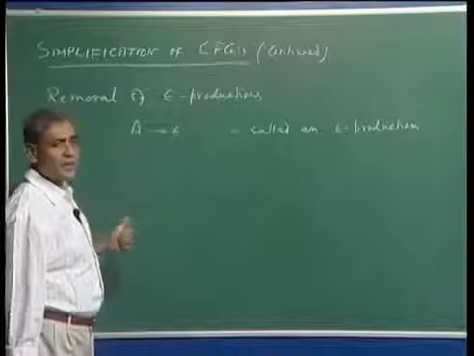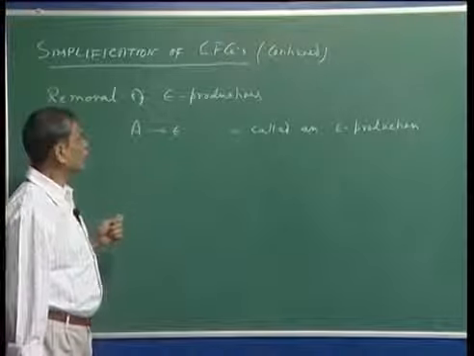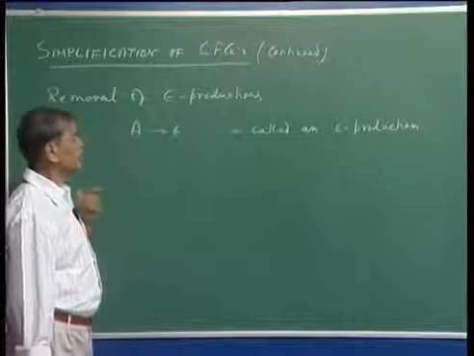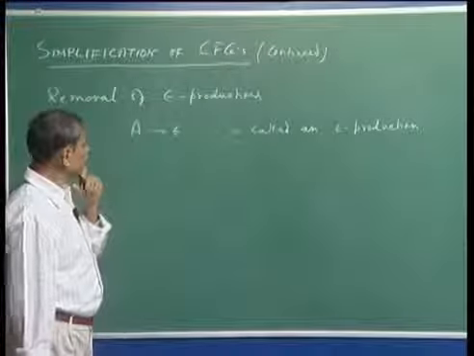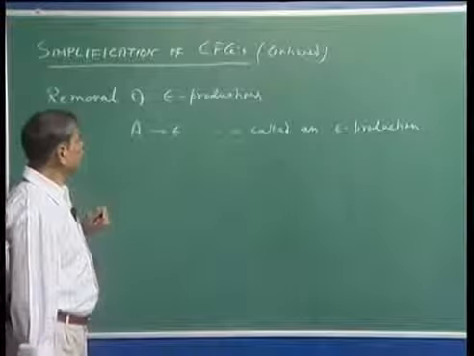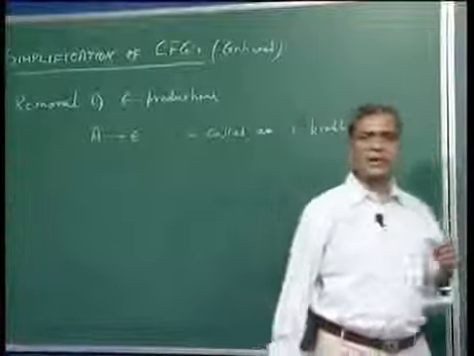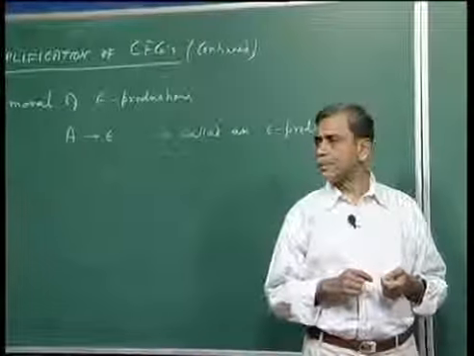The right hand side consists only of the empty string, and in general there can be many epsilon productions in a grammar, and we would like to eliminate all such productions from the grammar to form a new grammar G.